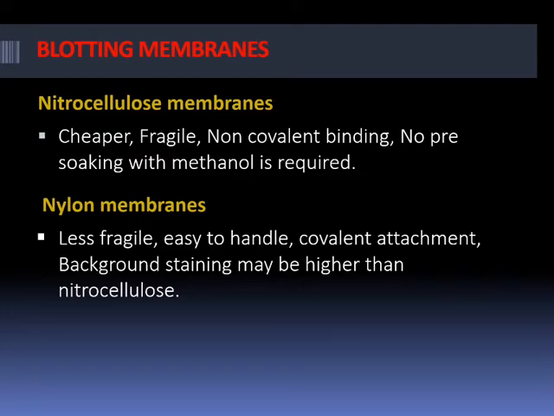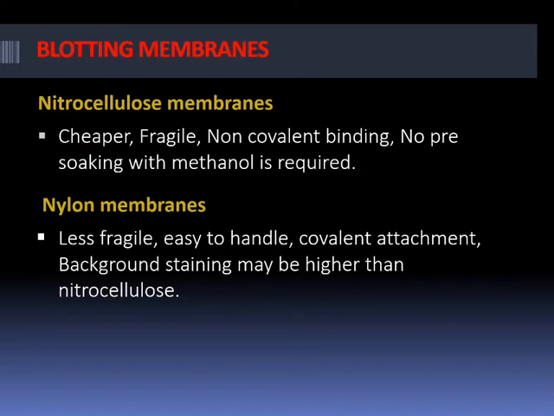What blotting membranes can be used here? Nitrocellulose membrane or nylon membrane can be used. Nitrocellulose: what are the advantages? It is cheaper, it has non-covalent bonding, and no pre-soaking with methanol is required; it can be used directly.